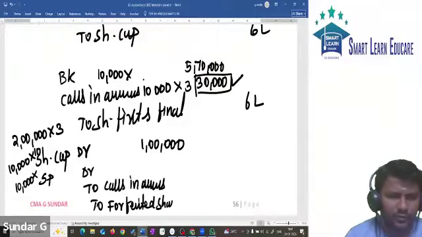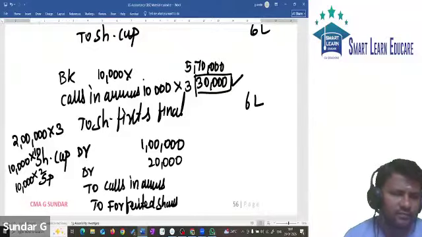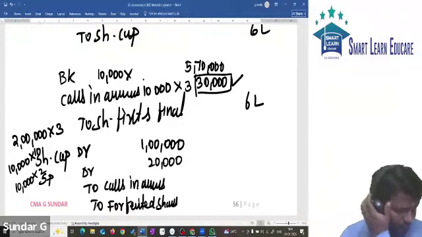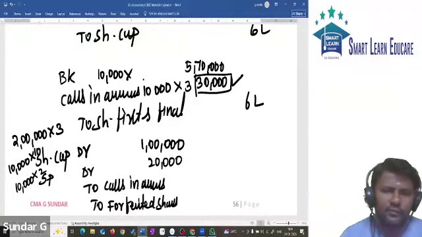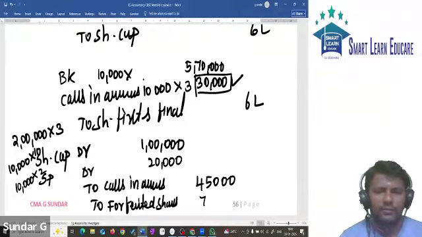Securities premium 2 rupees. 10,000 into 2, 20,000. Calls in arrears: what is the amount of calls in arrears? 45,000. What is the amount of forfeited shares? 1,20,000 minus 45,000, 75,000.